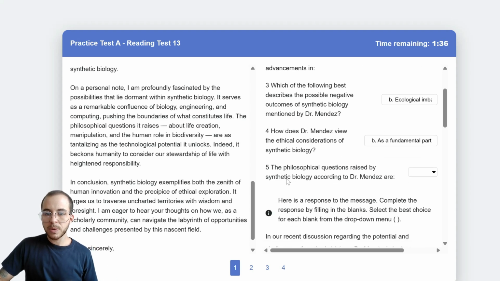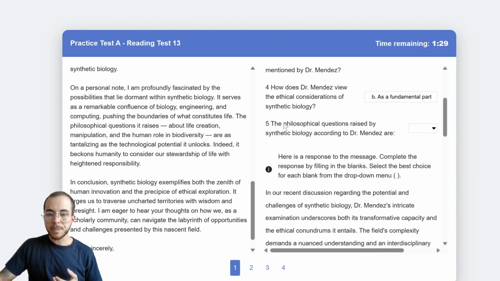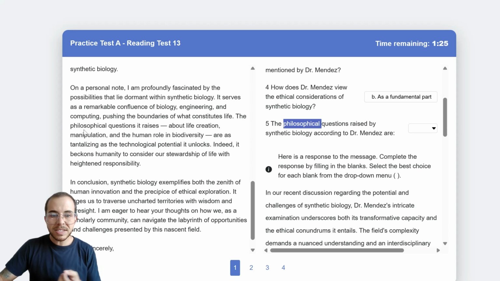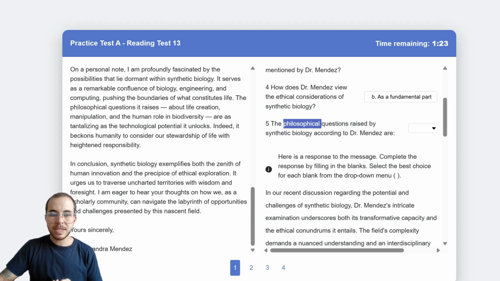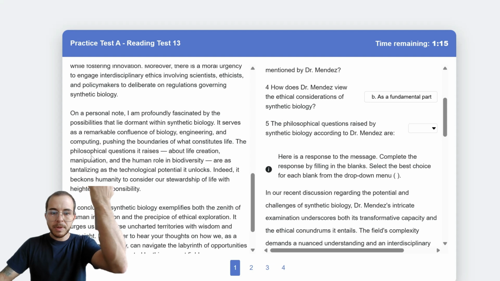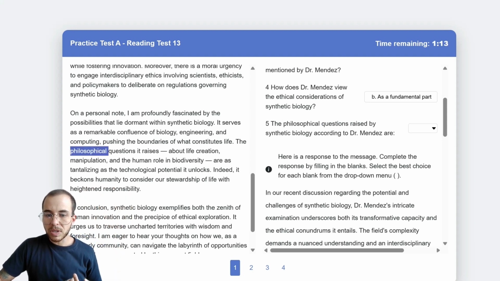But let's continue. The philosophical question raised by synthetic biology, according to Dr. Mendez, are. So here we have a key vocabulary word, philosophical. Is there a time where they mention philosophical in the text? Skim read. Use your skim reading abilities. Now, when I'm skim reading, I also go from the bottom up, and then I see philosophical.